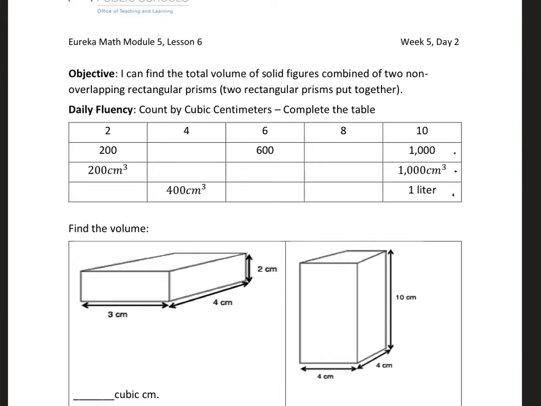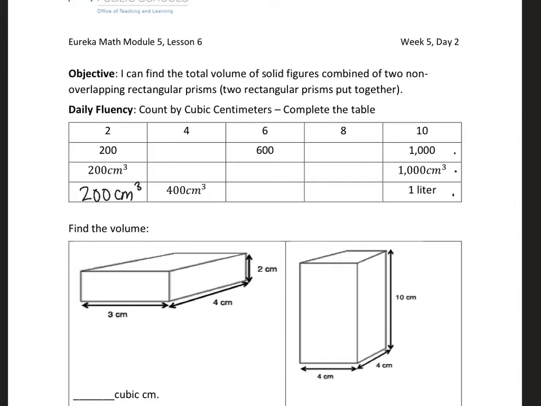I'm honestly not sure if it wants you to count by cubic centimeters, but it would have it twice, so I'm not sure whether it wants milliliters or liters. Maybe it also just wants 200 cubic centimeters again, because then this is 400 cubic centimeters. I'm not really clear on that, honestly.